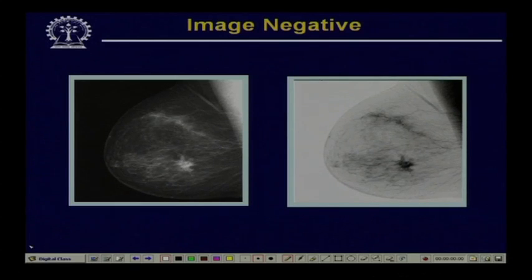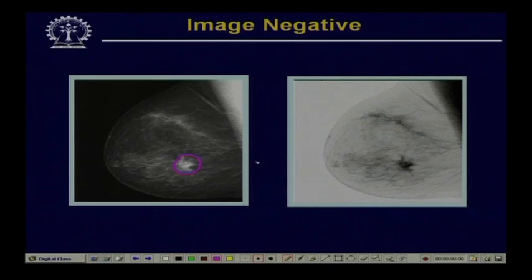On the left hand side we have a digital mammogram image, and on the right hand side we have the negative of this image, which is obtained by the transformation that we have just discussed. In the original image we have some white grains, and there is a white patch which indicates a cancerous region. The grains corresponding to the tissues are not very prominent. It is very difficult to make out which is what in this original image.